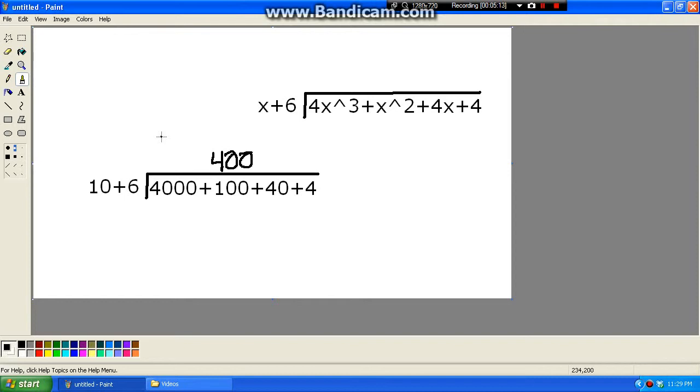Remember? If we didn't have the 6, then it would go 10, 20, 30, 40, 4 times. And the 1 wouldn't matter. It wouldn't matter that it was actually 41 we were trying to go into. But because we have the 6, it does. Because with the 6 on, it goes 16, 32, 48. Oh, 48 too much. Go back to 32. And you only get to go in twice because the 6 just adds that extra bit more each time you add 16 on, that you can't get in 4 times, you can only get in 2.